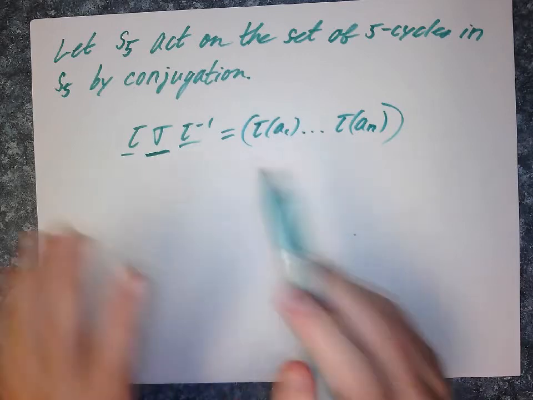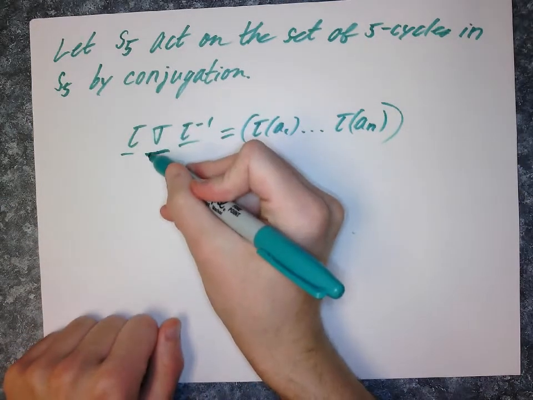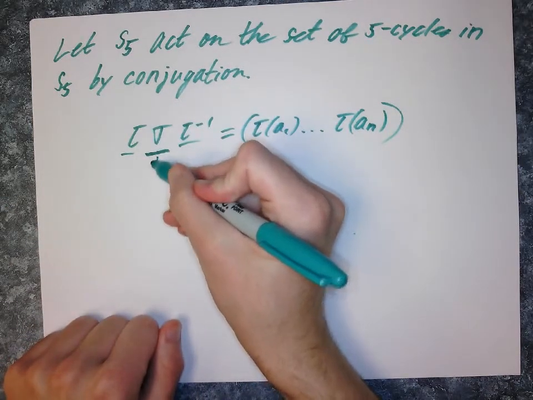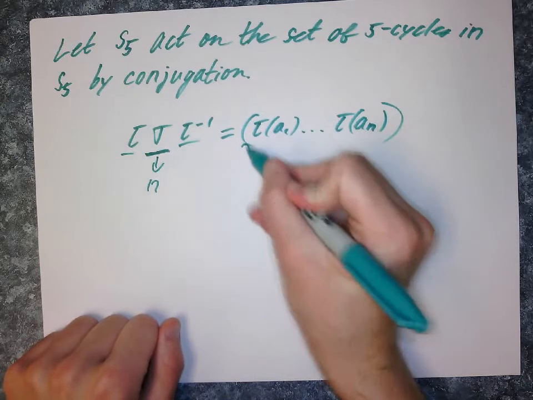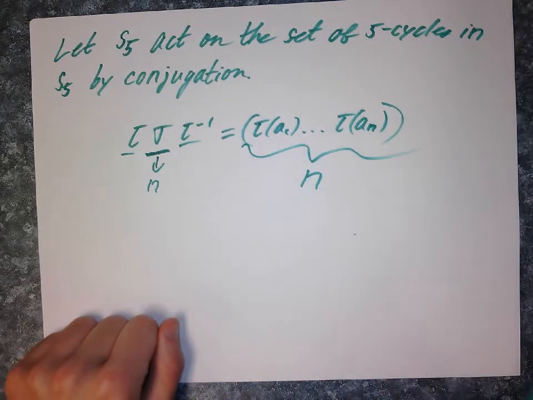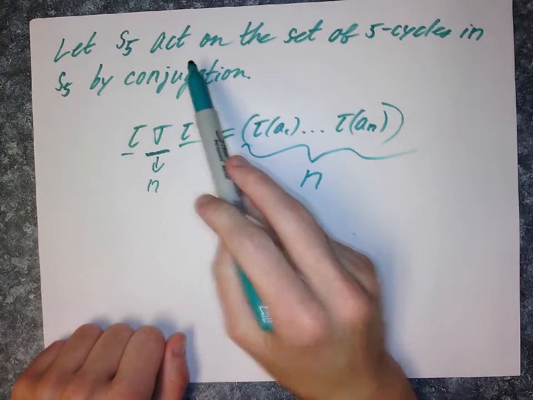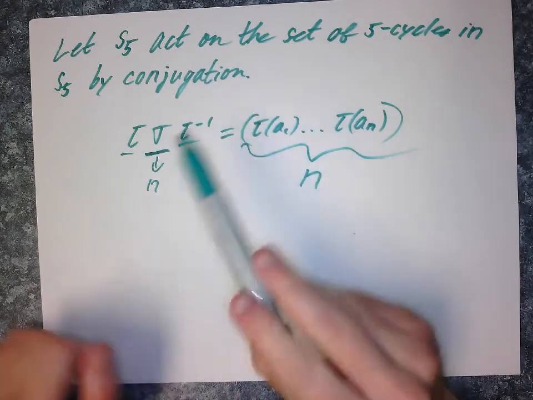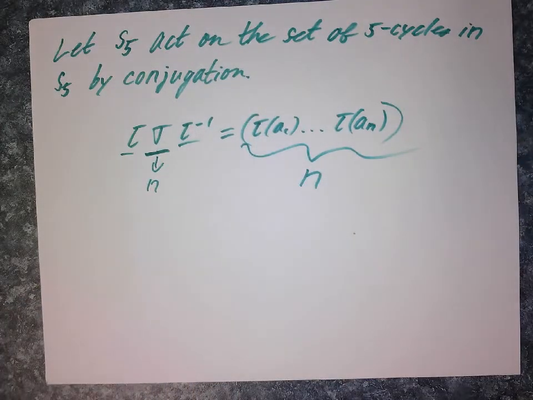The point is that if sigma is an n cycle, then this whole thing is going to be an n cycle. So when you act on the set of 5 cycles by conjugation, you're going to get a 5 cycle back. And so that means that the necessary group action properties are preserved. That's the big thing that we're working with here.